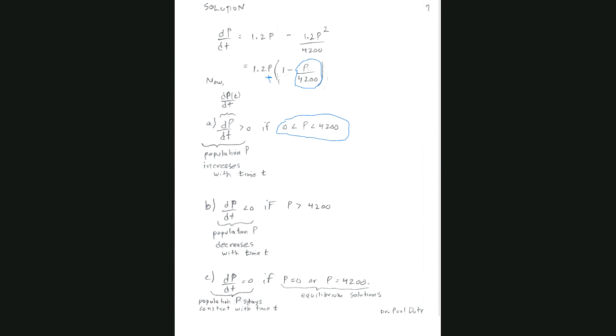Okay. Well, now for part B, we're asked, for what values of P is the population decreasing? Can you look at that second factor? So in order for the population to be decreasing, let me just clear this.